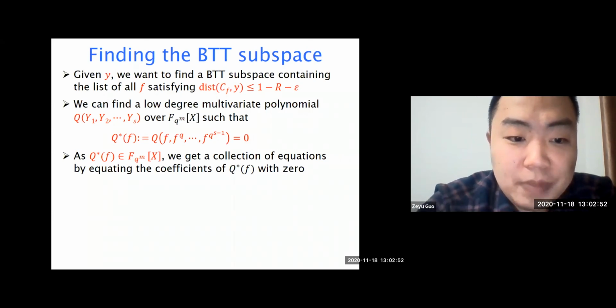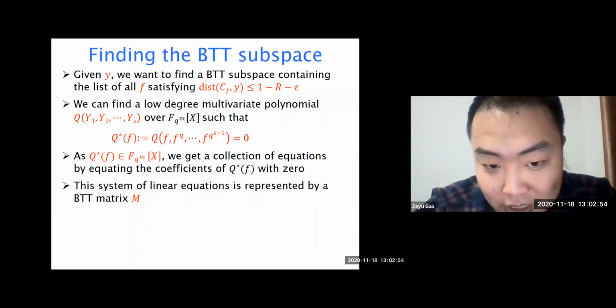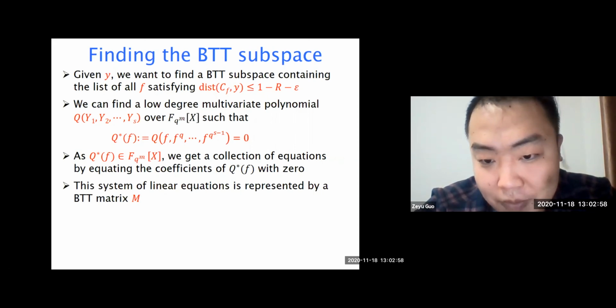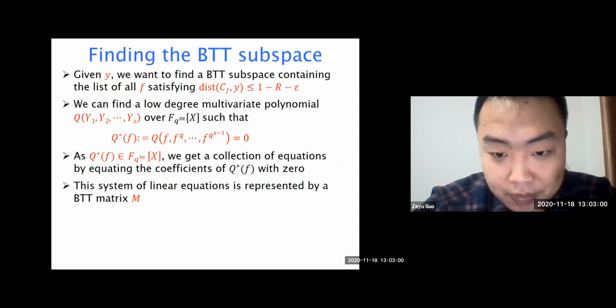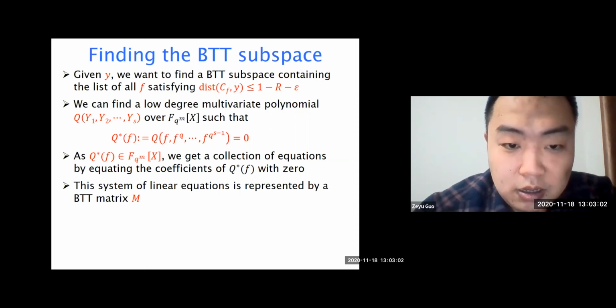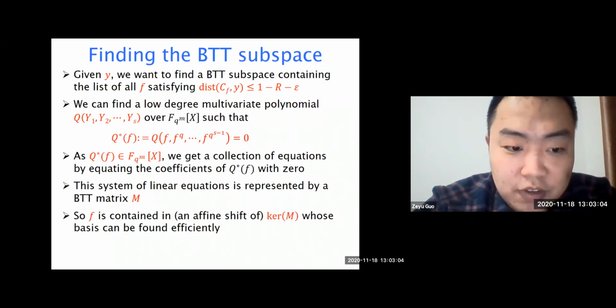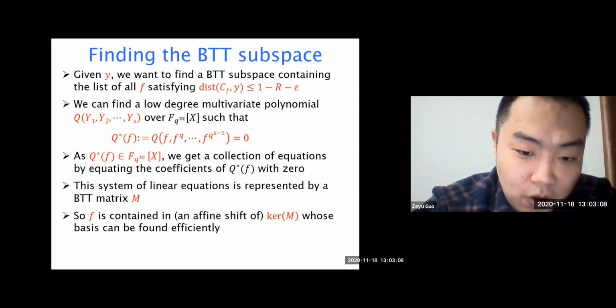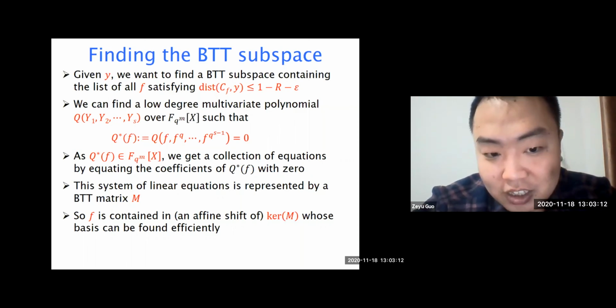So if we write down the matrix that expresses this system of linear equations and call it M, then we can show that M is actually a BTT matrix. So as a conclusion, we know that f is contained in the kernel of M. Actually, more accurately, it's in the Fq shift of the kernel because the equations are not homogeneous.